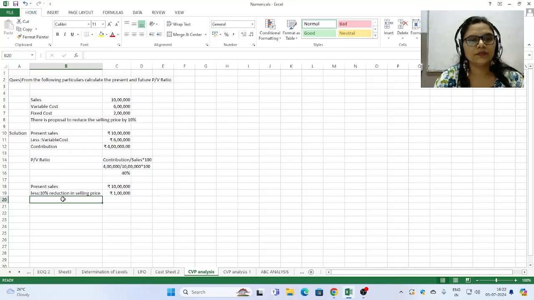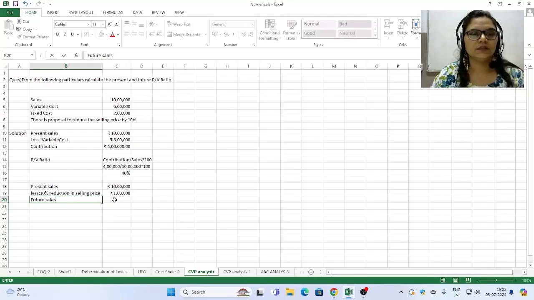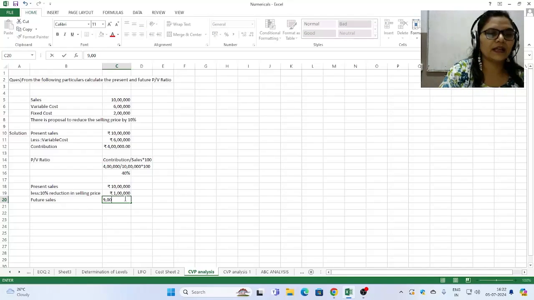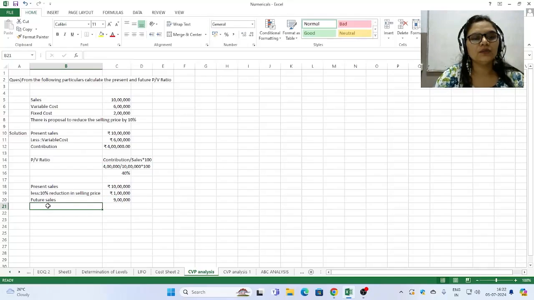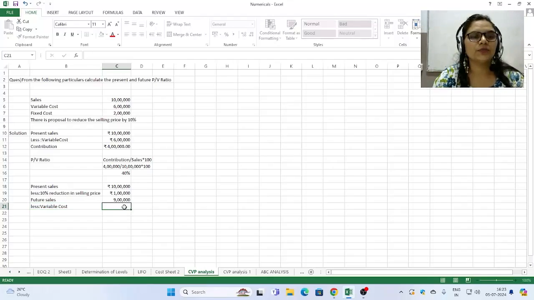Let's give it a name of future sales so that identification of values becomes easy for us when we are calculating future PV ratio. Now, with new sales, definitely there will be a new contribution, based on sales of rupees 9 lakh.